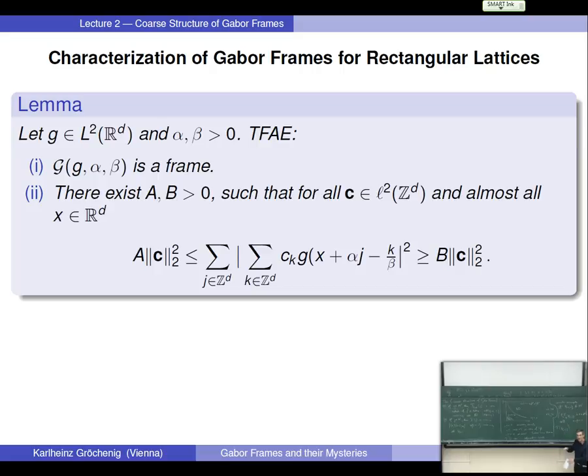Reduced frame set, only rectangular lattices. The paper is 90 or 100 pages, and the theorem forces you to distinguish 18 cases and subcases. So this is a very special kind of mathematics with lots of case distinctions, and there is a characterization of this frame set.